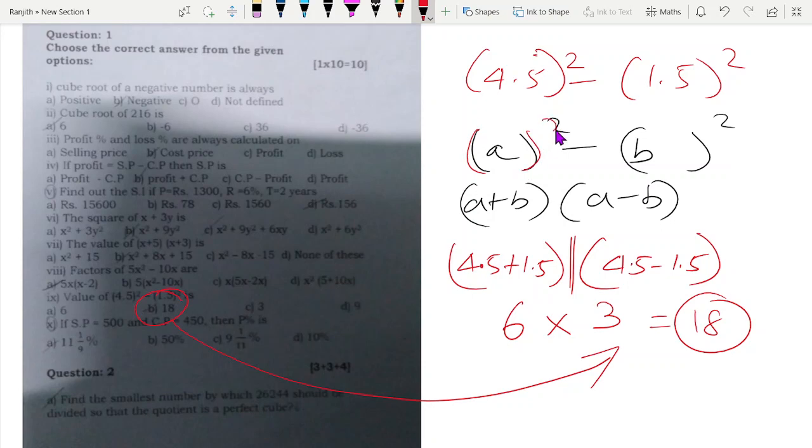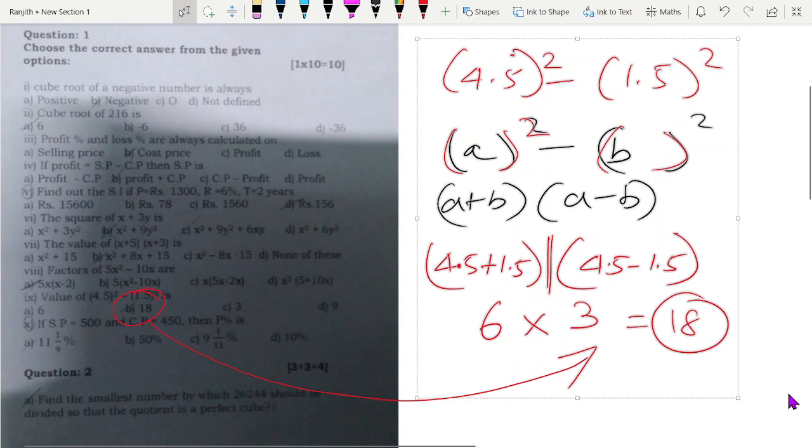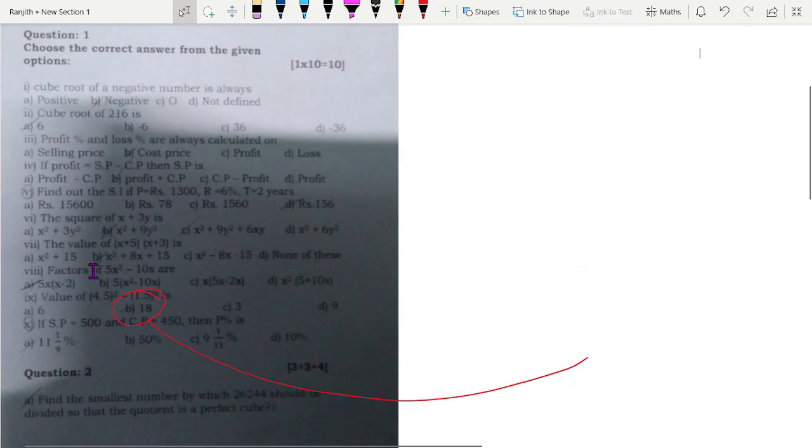We have studied this. There are two brackets with square, so that is nothing but a square minus b square, a plus b into a minus b. Is first main clear? All of you? Yes. I think only 4 questions, I guess.